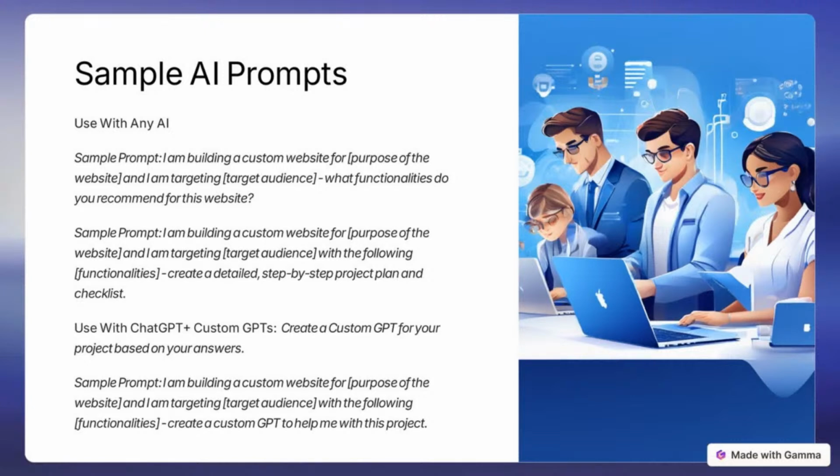Now, what this is doing is it's allowing us to take the generic version of ChatGPT and customize it and tailor it to be an assistant to serve us. Yes, we are building our first AI agent, an assistant to help us with our website project. And let's get into that prompt.